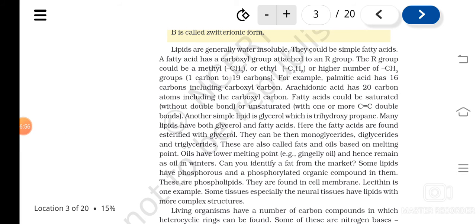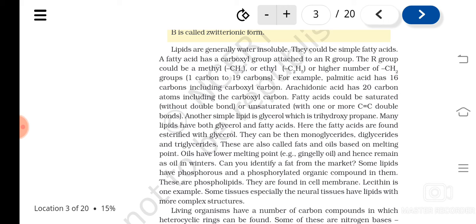When a lipid has both glycerol and fatty acids, the fatty acids are found esterified with glycerol. That is what we have studied now.